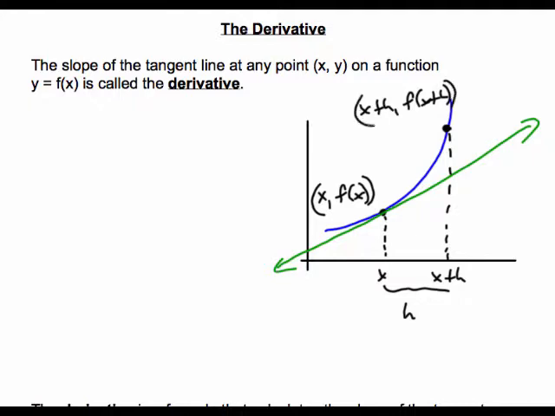So there are the coordinates of that point. Alternatively, I could call this point just some other variable. Let's call it w. And I could label this point alternatively w comma f of w. And our secant line joins those 2 points.